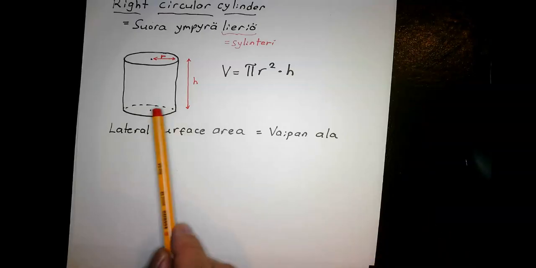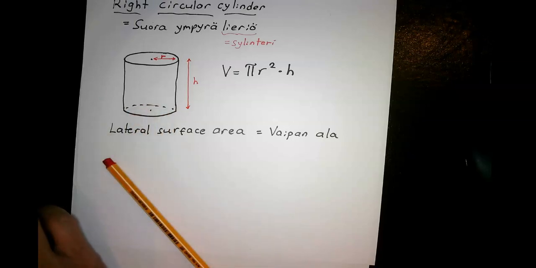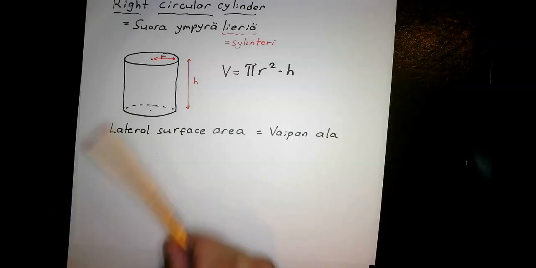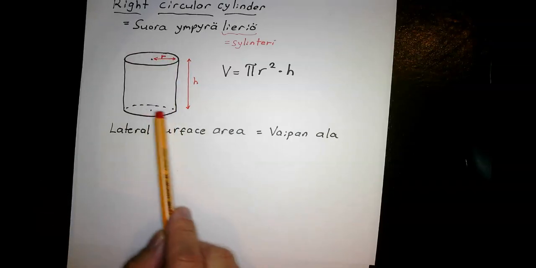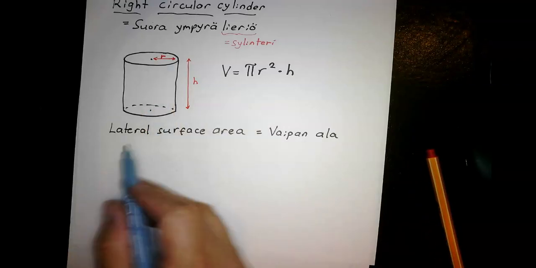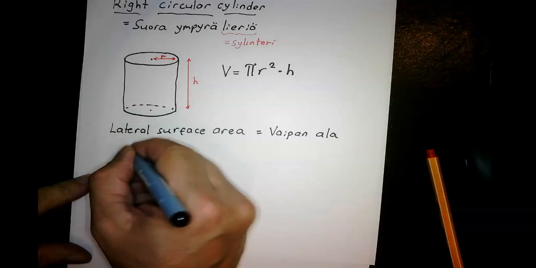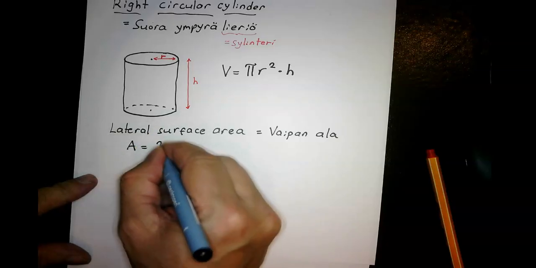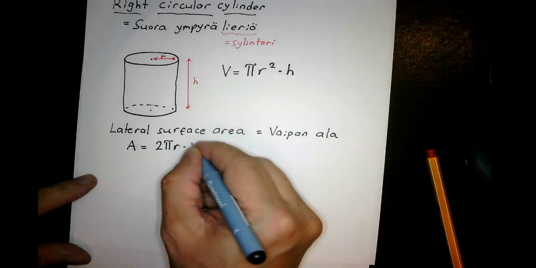So this is floor, and then we have roof and floor. So we will eliminate those. So the lateral surface area would be only 2 pi r times h.